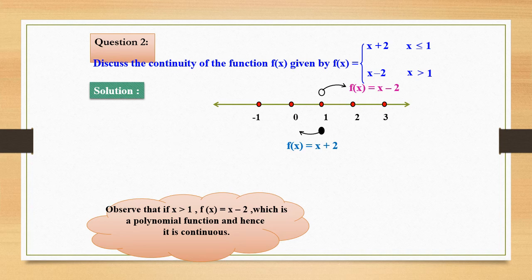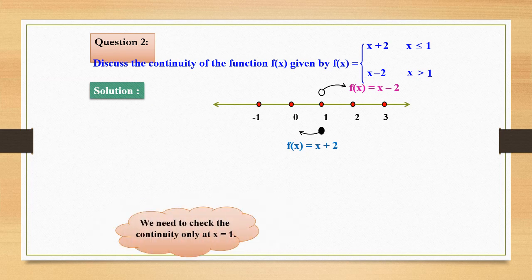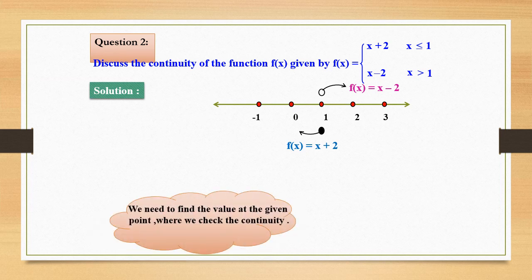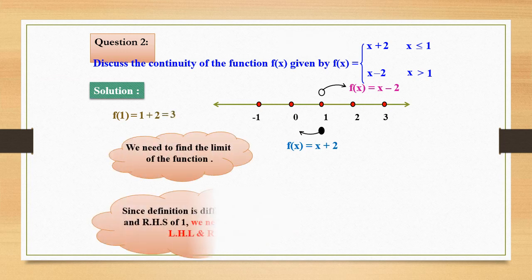And we can see x minus 2 as well as x plus 2 both are polynomial functions, hence they are continuous. We will check the continuity of this function at 1. So f of 1 is equal to 1 plus 2, which is equal to 3.